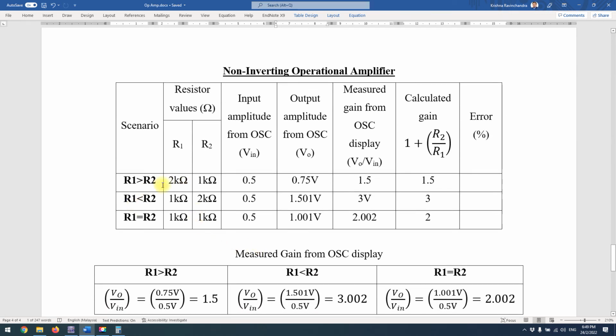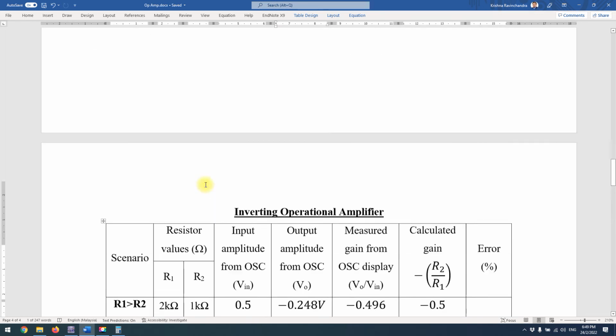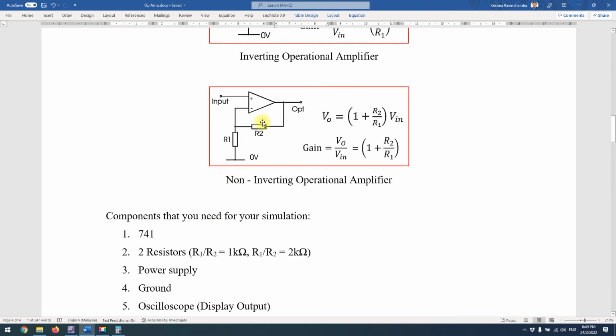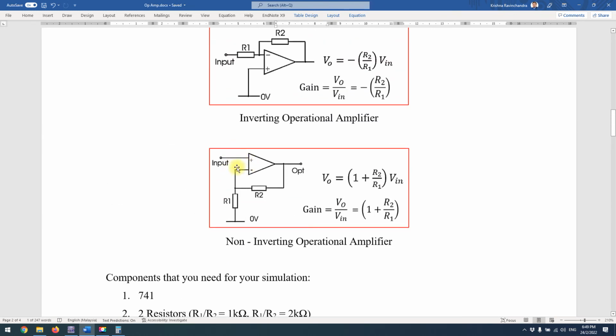All right, now let's go into the non-inverting side. The non-inverting side is almost the same configuration, just that we're going to change the pin. Instead of the input going into the negative pin, it's going to go into the positive pin.